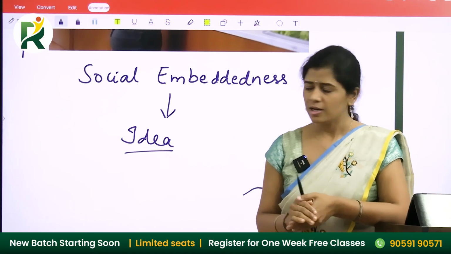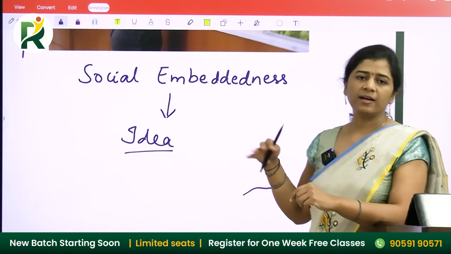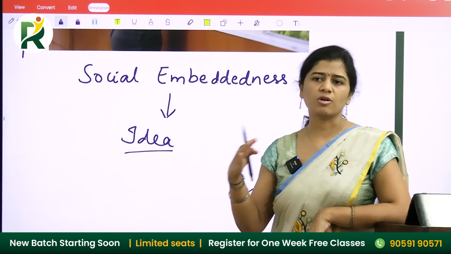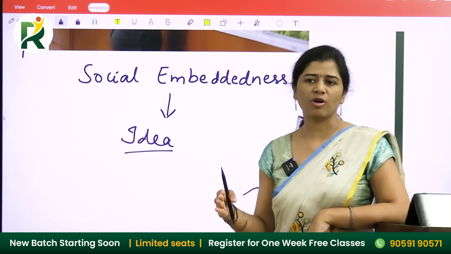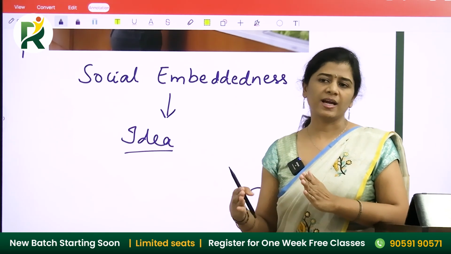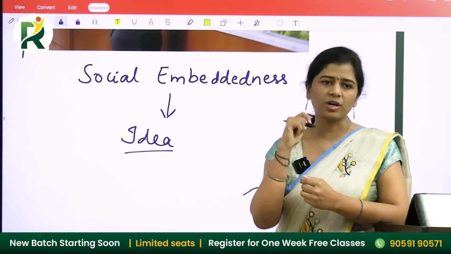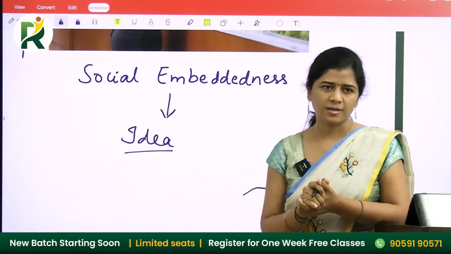Understood? I repeat, according to this concept, your decisions or actions are based on societal interactions, relationships and networks, but they are not based on individual choices.